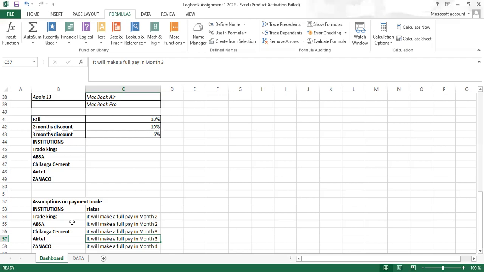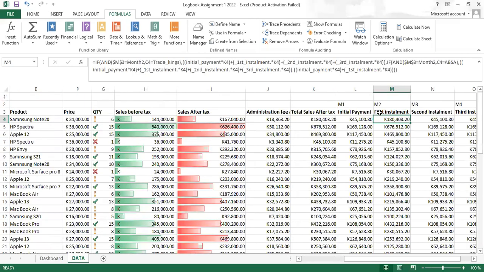So now we're going to go on our data. We go here on the formula. Let's copy this formula so that we edit it. We just highlight it and copy it. So, Coach, you're saying on the dashboard, those with full payments in month 3 are the ones we're going to focus on this month.